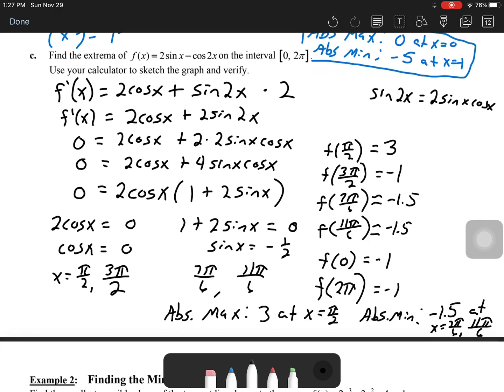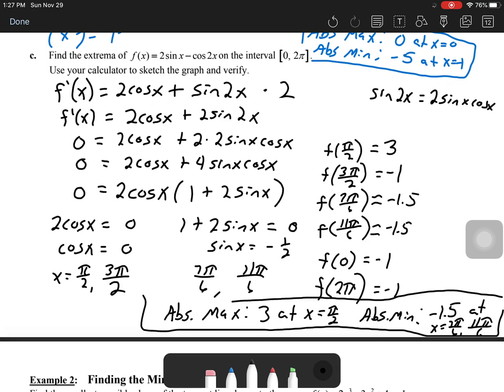Okay, so that is what we do to find our absolute mins and maxes, or our extrema.